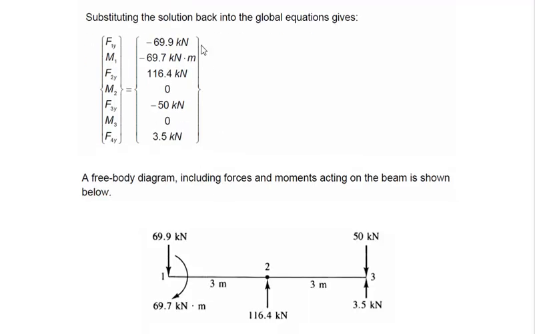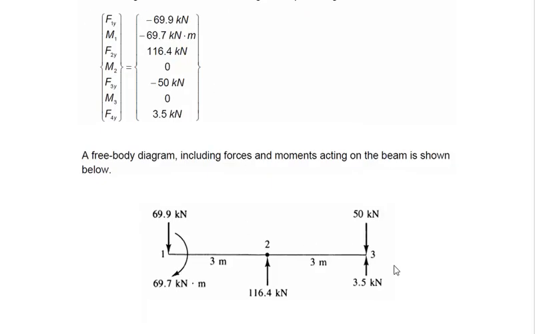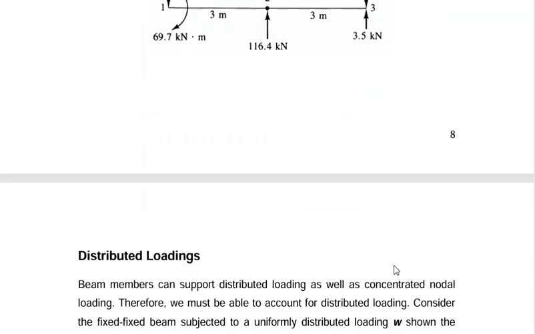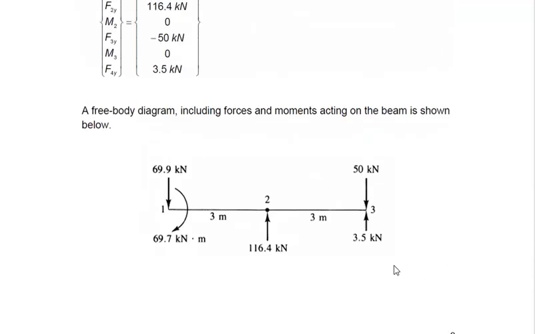So we have all of these global forces and moments. We can apply those forces and moments on the beam, and then we can draw the shear force diagram and bending moment diagram. Those diagrams are not given here, but we know that if we know all the reactions and the applied loading, we can conveniently draw the SFD and BMD. So this completes the solution of this problem.